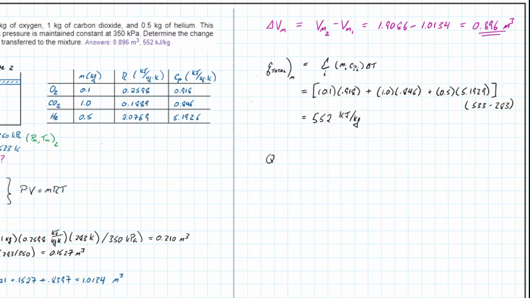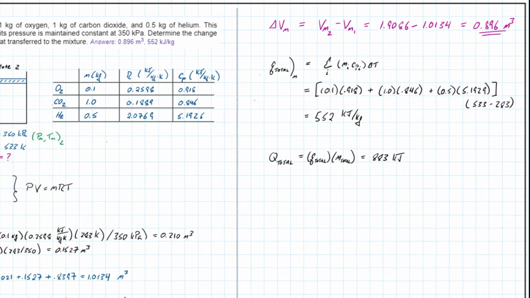So Q total is just the total amount of energy in kilojoules, will be Q total times the total mass, and this will equal 883 kilojoules. So the answer listed in the problem statement wanted it in terms of kilojoules per kilogram, so the answer being 552 is the requested answer.